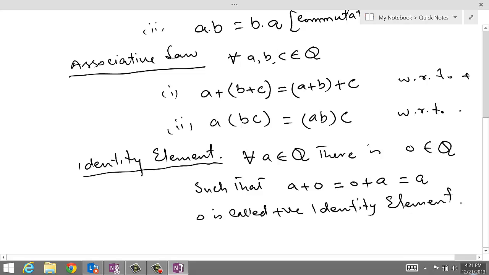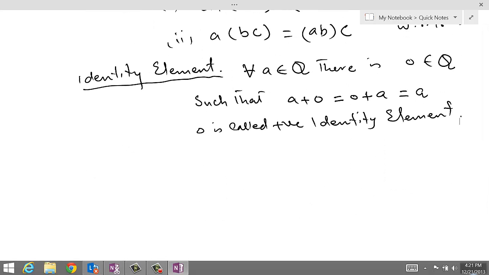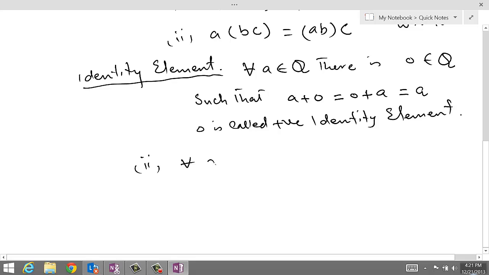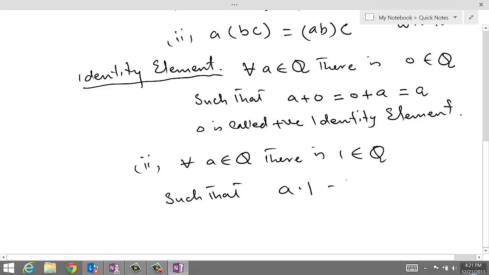So which number with respect to multiplication will not make any difference? That is, for all a belonging to Q, for any rational number, there is 1 belonging to Q such that a times 1 or 1 times a, the answer is again going to be a.